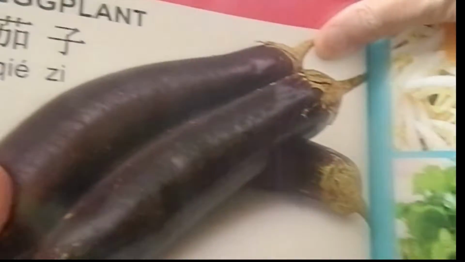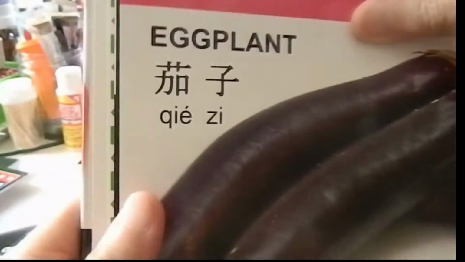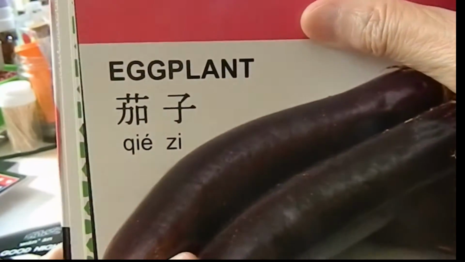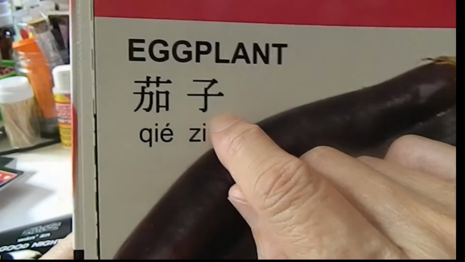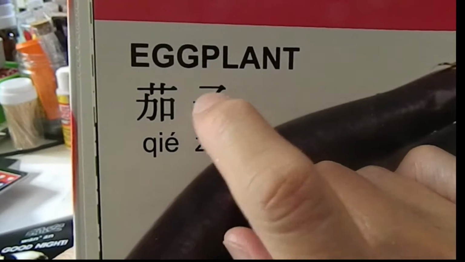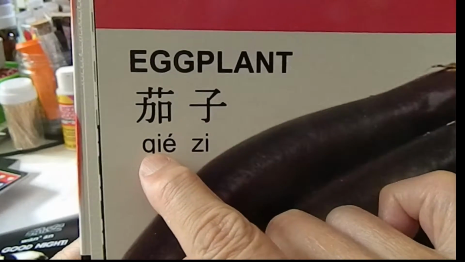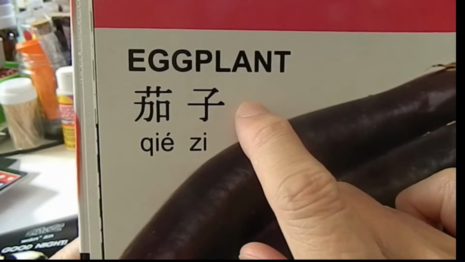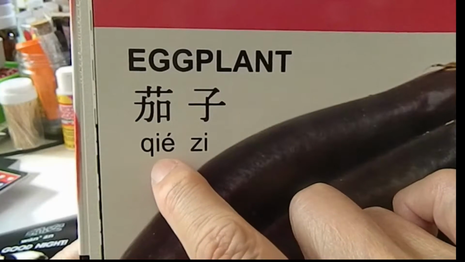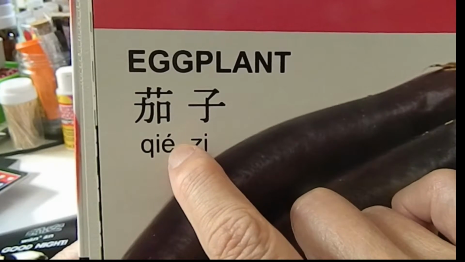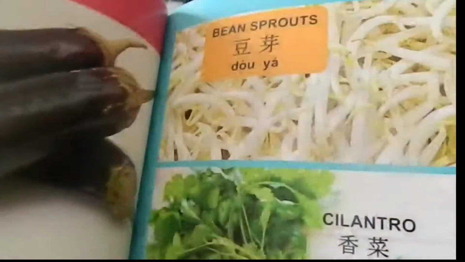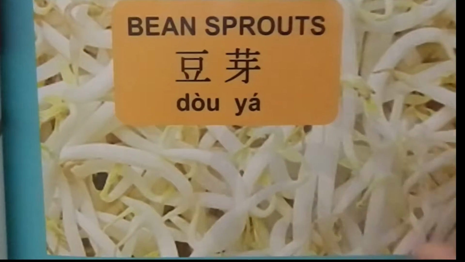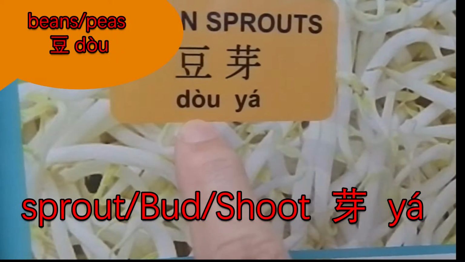Now the next thing we learn about is eggplant. Eggplant we call, see the ending 子, 茄子. 茄子 is not "qi". You have to say 茄. 茄子 is eggplant. Now the next thing we call 豆. Remember 豆?